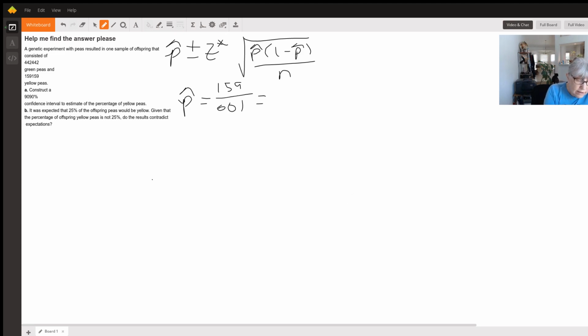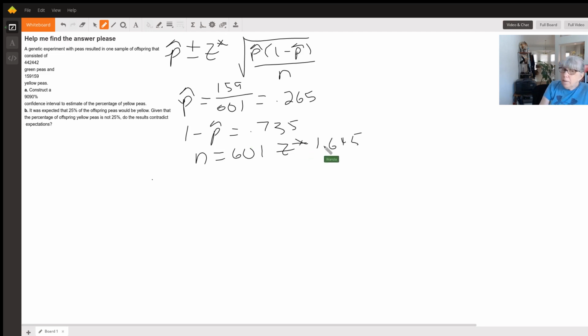And that is going to give us 0.265 if I round to 3 decimal places. So 1 minus p hat is 1 minus 0.265, which is going to be 0.735. N is 601, and Z star, as I said, is 1.645.